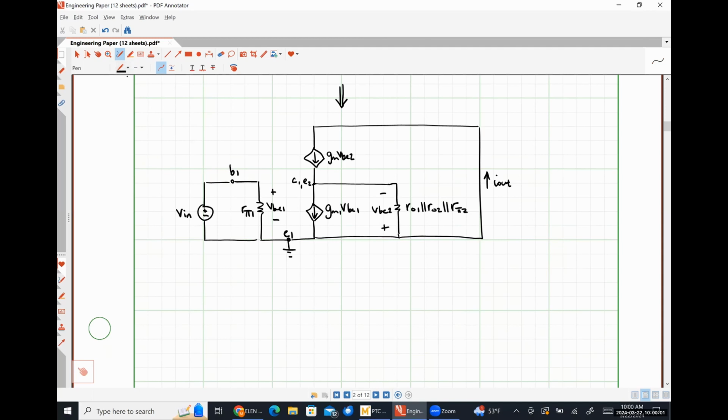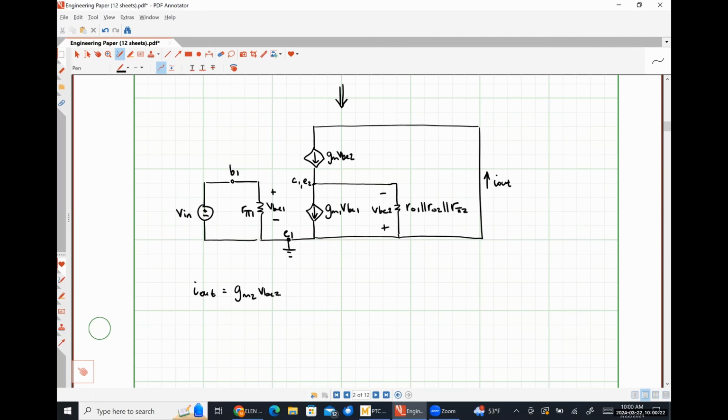As I mentioned just a moment ago, I out is going to be GM2 VBE2. That's simply Kirchhoff's current law. Current flowing into that very top node has to equal the current flowing down out of that very top node.